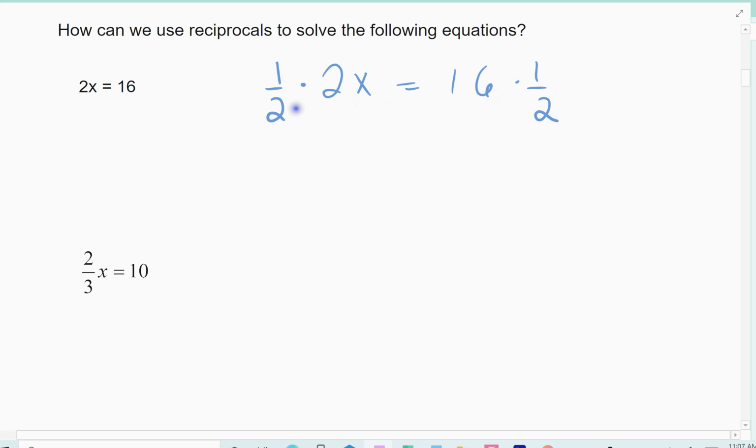Reciprocals undo one another. They undo multiplying. The 1/2 undoes the multiplying by 2, leaving me with just x. On the other side, 16 times 1/2 is going to leave me with 8. And that's true: 2 times 8 does give me 16.